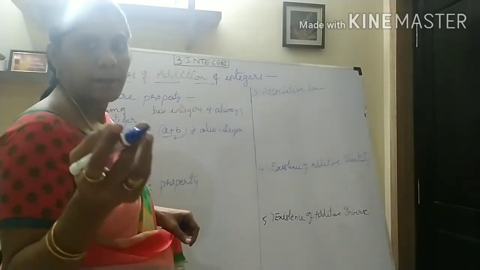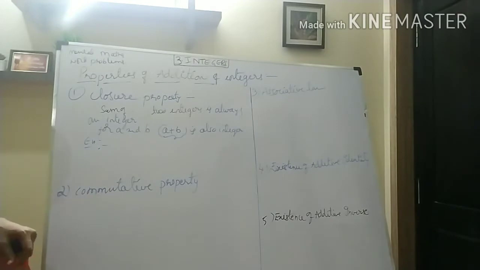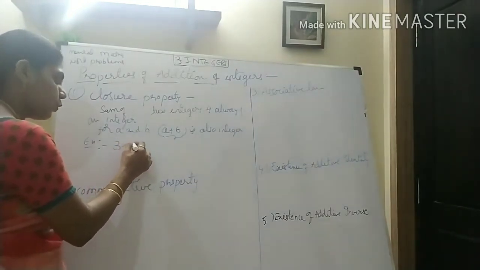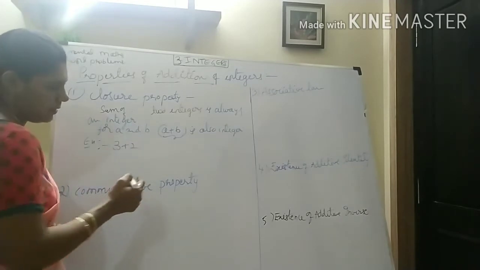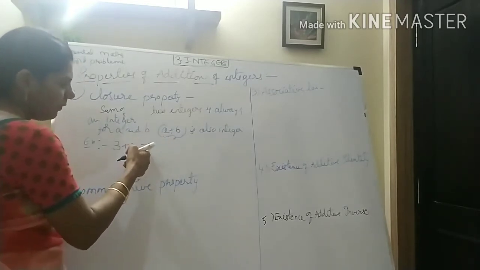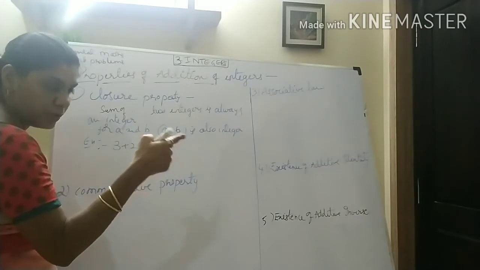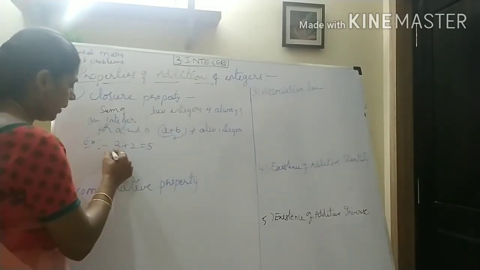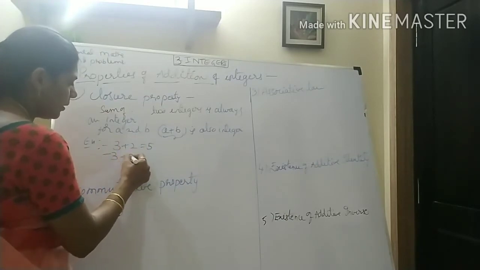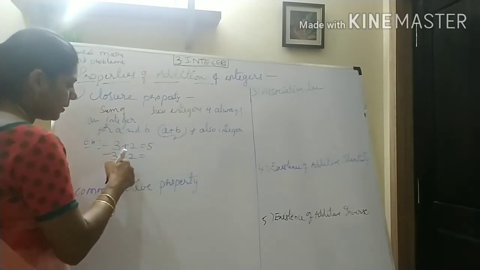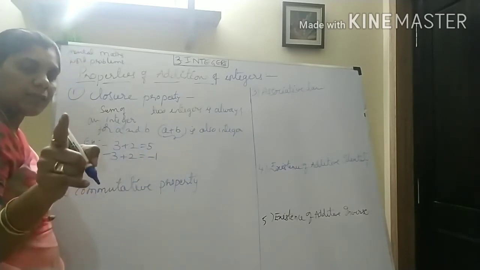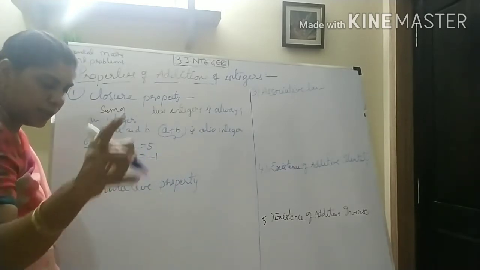Integers means minus numbers, plus numbers, and 0. I am taking the example 3 plus 2. First, both are plus numbers. What do you get here? 5. 5 is positive, and positive numbers are there in integers. Now I am taking minus 3 plus 2. How much here? Minus 1, that is a negative number, and negative numbers are there in integers.